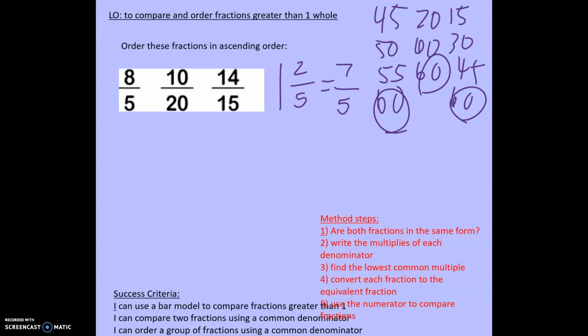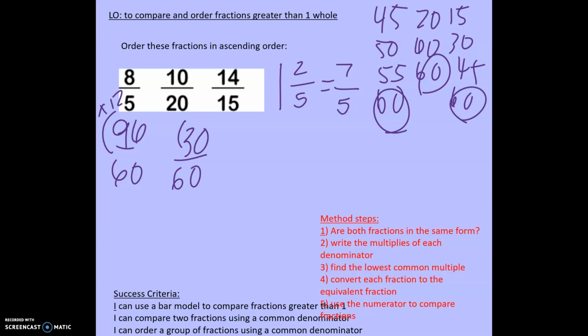Okay, now I can change all my fractions into equivalent fractions that have 60 as the denominator. So 5/8 into 60: we times 5 by 12 to get 60. 8 times 12 is 96. Let's have a look at 10/20ths into 60. 10 times 3 is 60, 20 times 3 is 60, 10 times 3 is 30.